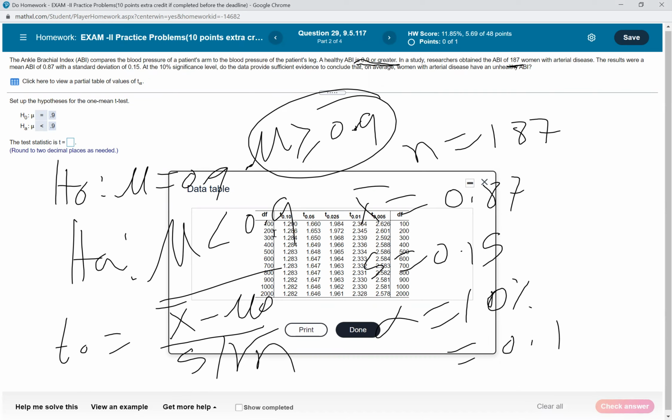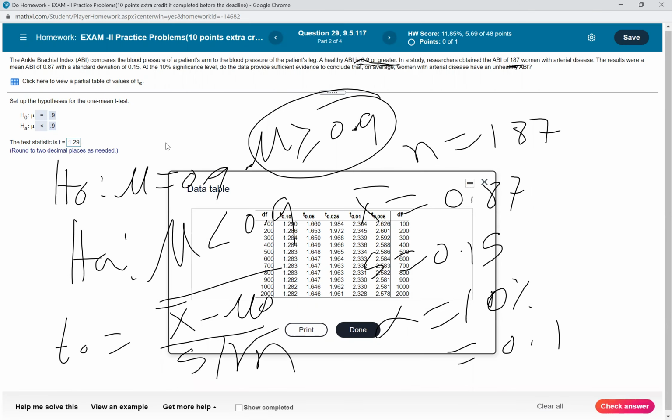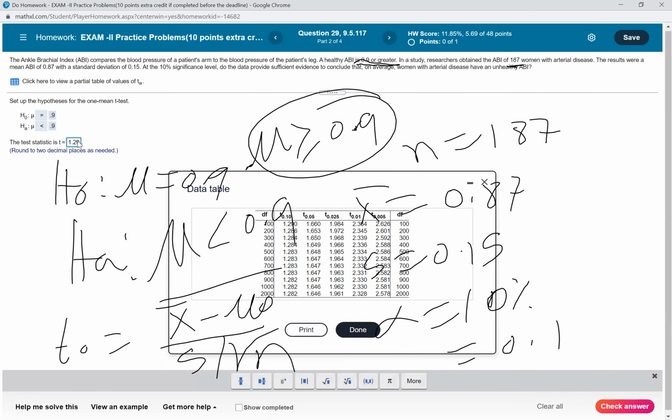And alpha is 0.1. So that means it will be 1.286, so it will be 1.29, I guess. Oh, this is the test statistic, not the critical value. So you need to simplify this formula, x bar minus mu 0 over s over root n.